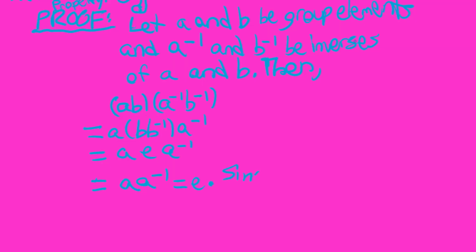So since AB and its inverse equals the identity element, then we can imply that the inverse of AB is equal to B inverse A inverse as desired.